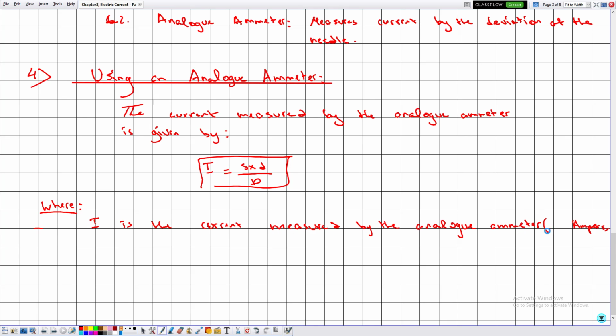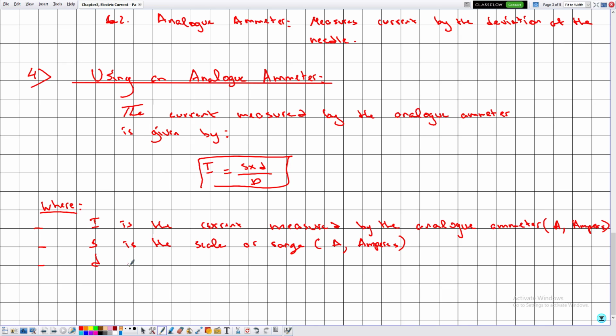Its symbol is A. S, small s, is the scale, or range, which is given in amperes.